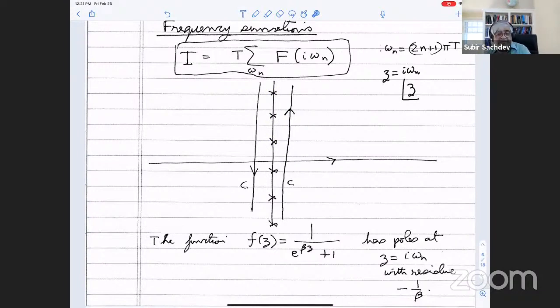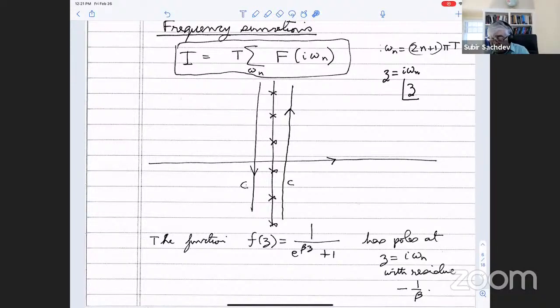So the way you do this is you convert the summation to an integration on this contour C going this way and here. And you're assuming that the function f itself has no singularities on this line, so the contour C can be arbitrarily close to the vertical imaginary axis.